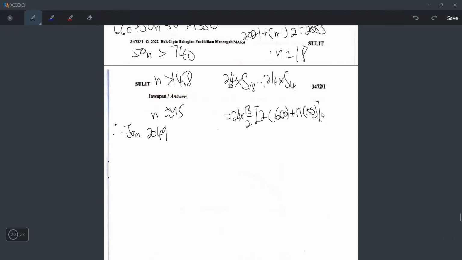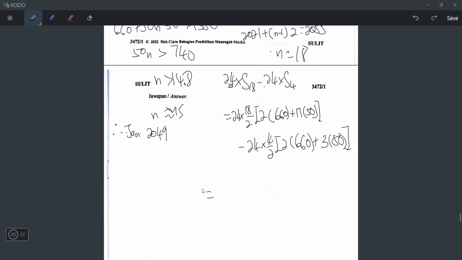So now I have minus with 24 times n over 2, which is 4 over 2, and then big bracket. Not enough space already. What should I do? My God. Okay, I'll just write in the next baris lah. So minus S4, which is 24 times 4 over 2, big bracket, 2a, a is 660 plus n minus 1, which is 3d, like this, right?